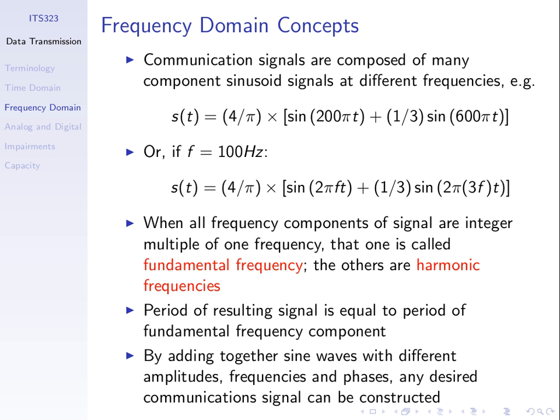Let's say we have S1 of t is 4 divided by pi sine 200 pi t, and another sinusoid signal, S2 of t, which is 4 divided by 3 pi sine 600 pi t.